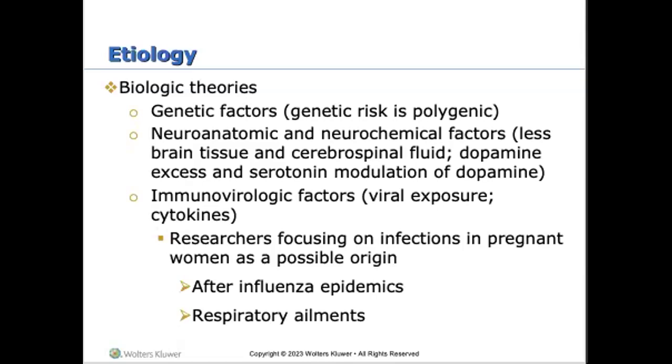When we look at our neuroanatomy and our neurochemical factors, we know by our recent scans, like our MRIs, we can kind of see how the brain reacts, and we can see the dopamine reaction. And we know that, depending on where it is in the brain and the levels of the dopamine, we might have positive symptoms.